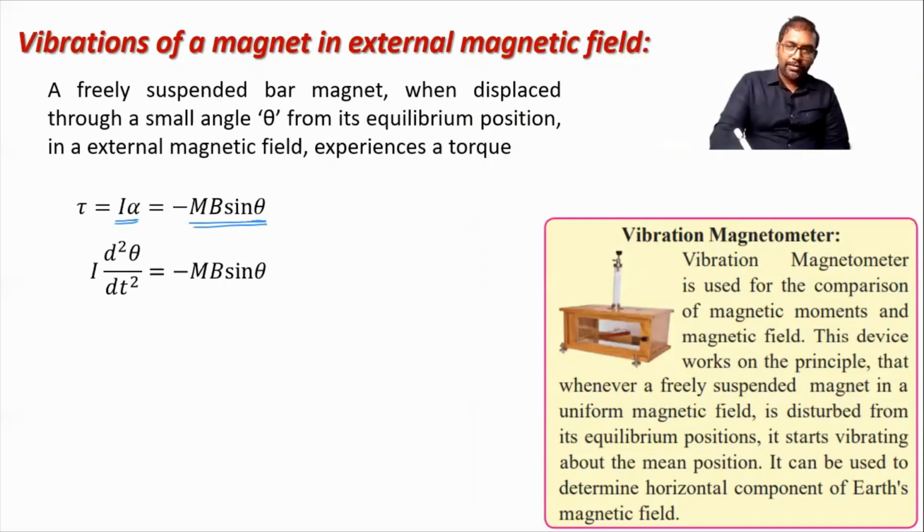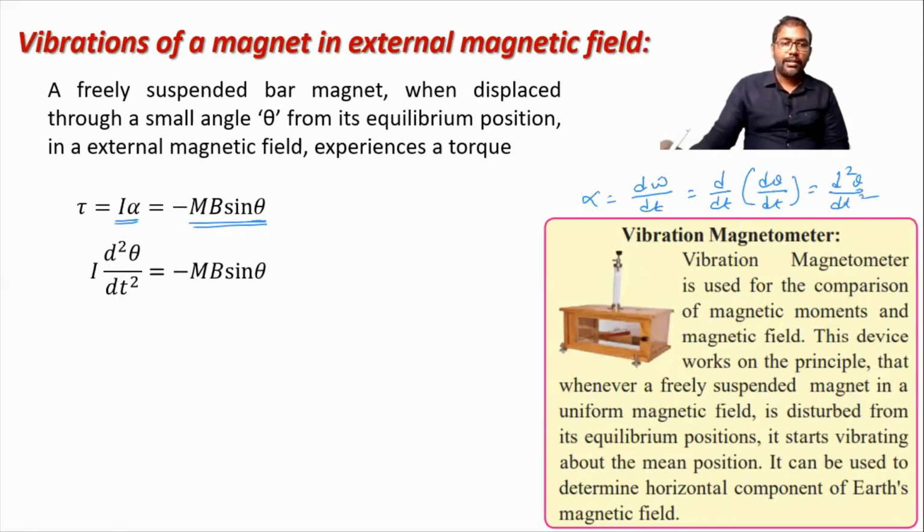You know that alpha is d omega by dt, and omega is d theta by dt, so we get d square theta by dt square. This is alpha, so we substitute. So we get I d square theta by dt square is equal to minus mb sin theta.